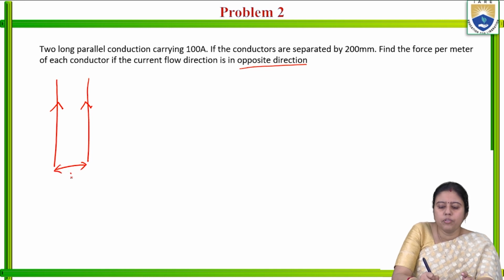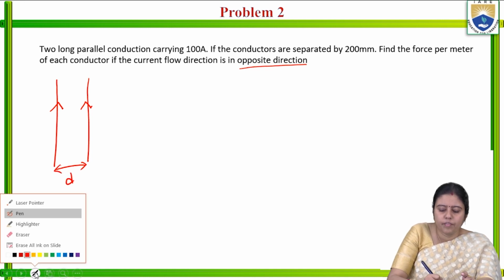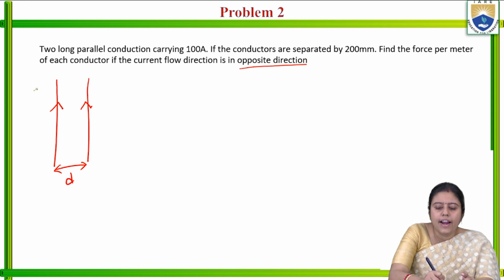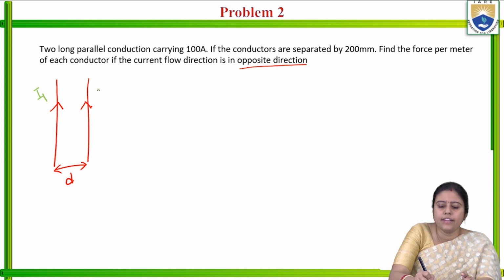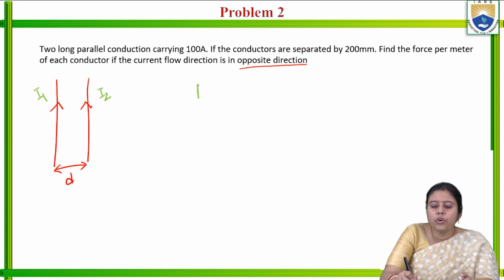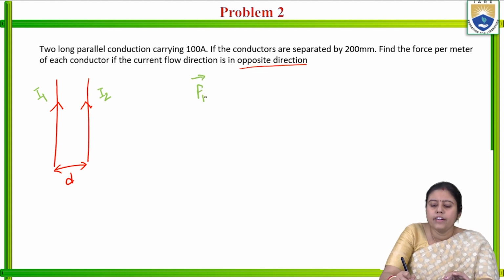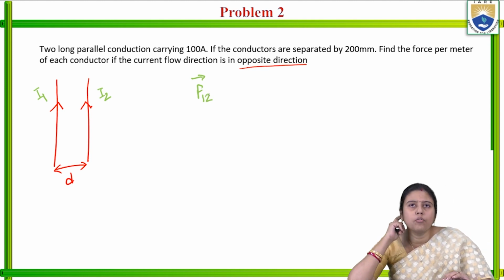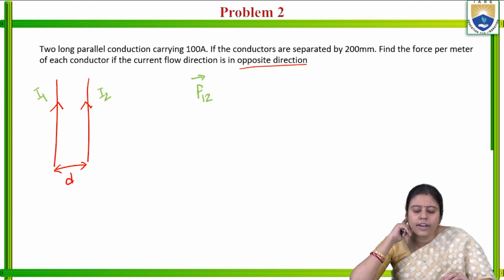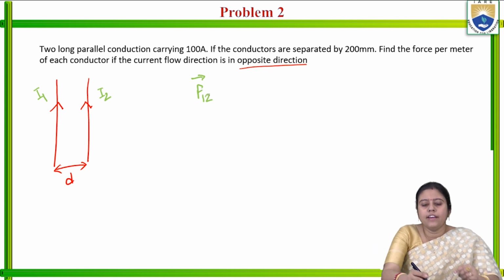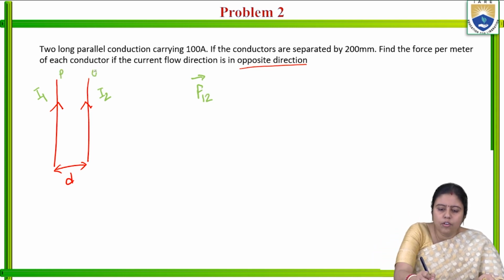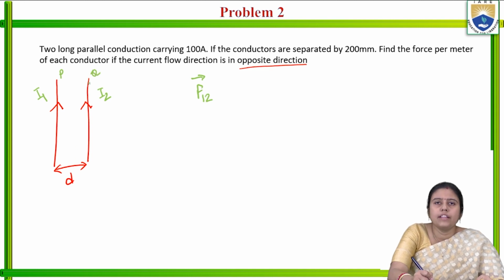The distance between them is d. The current I1 is flowing in one and the current I2 in the other. We will first calculate the force on 1 due to current I2. When current is flowing in the second, this is P, this is Q.